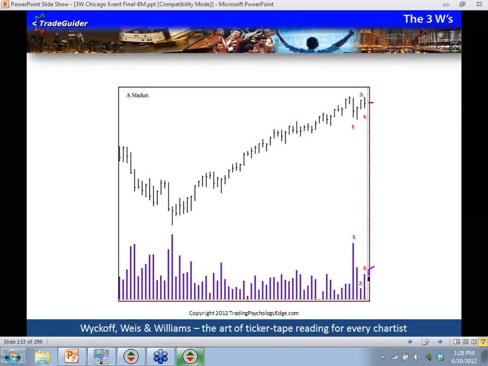And what does it suggest if it closes down below the close of bar 3? Somebody's selling into it, right? So it tried to rally up, tried to push up above the high of bar 3, but somebody stepped in and capped the market there. And we see that by the close.